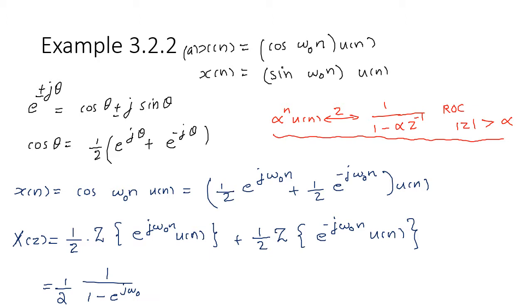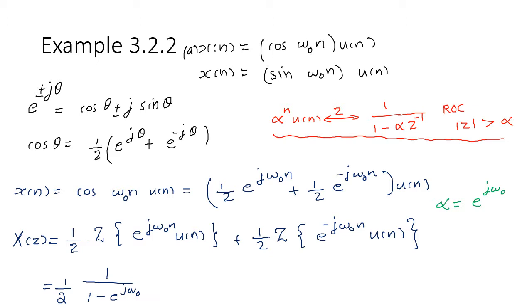You may get confused, so you can write e raised to j omega 0 whole raised to n.